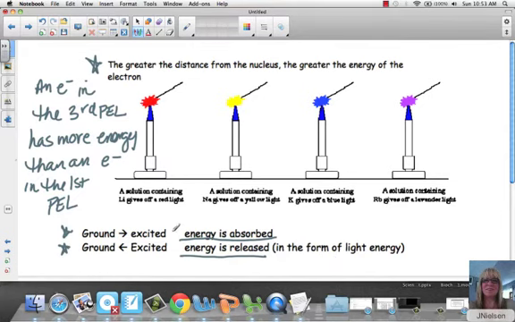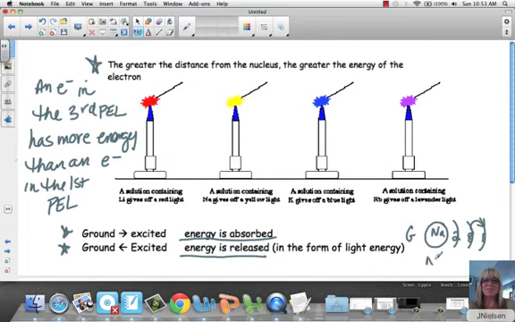When an electron goes from a low level, so here is sodium. It has an electron configuration of 2-8-1. So when this electron jumps from here to here, it's going basically up. Therefore, this is going to be ground.